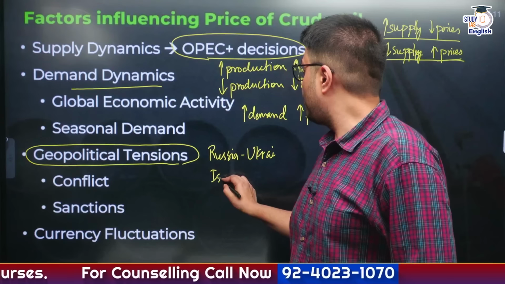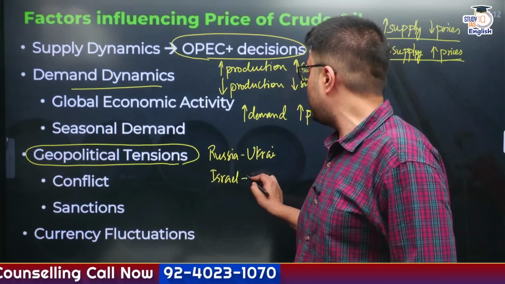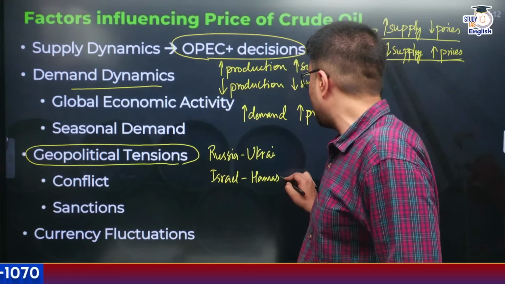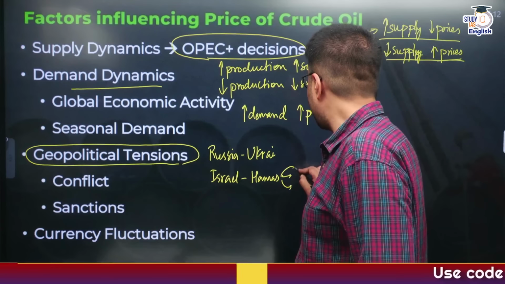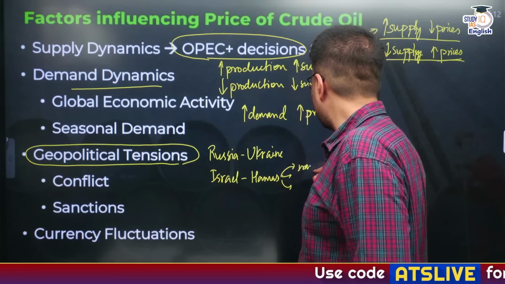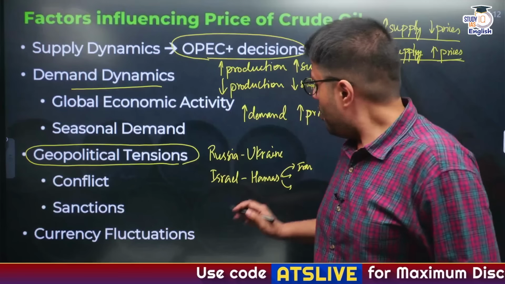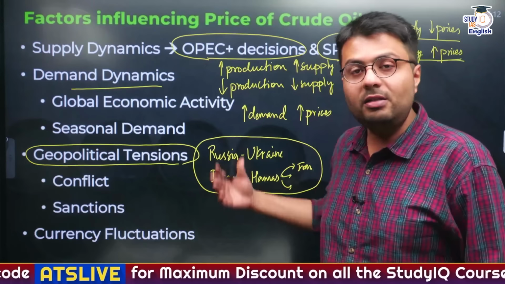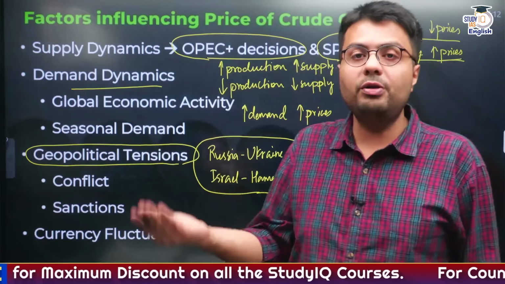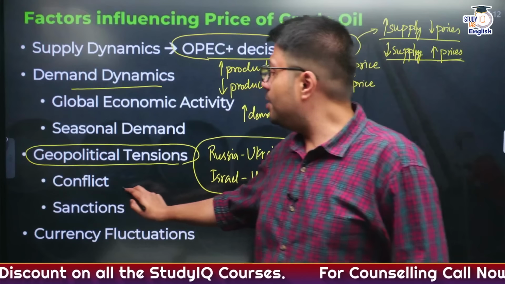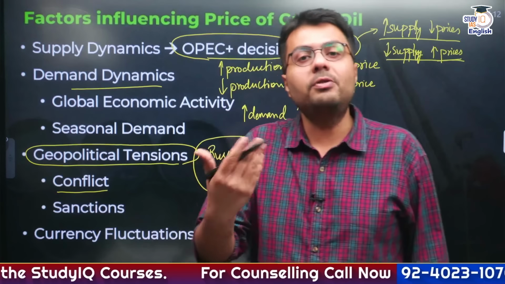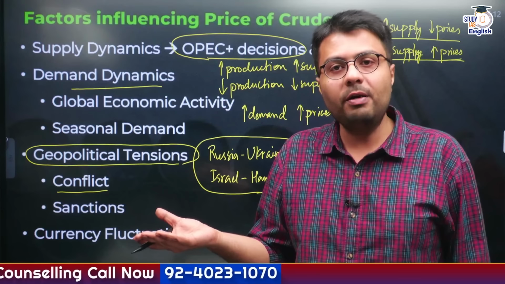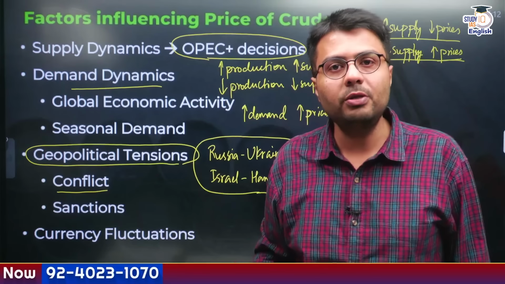Similarly, there is a conflict going on in the Middle Eastern region between Israel and Hamas on the other hand, which has also extended to many countries like Iran, Qatar, etc. These two regions where the conflict is happening are major producers of crude oil. So naturally, due to this conflict, there are supply restrictions. What if there is an attack on a major crude oil refinery? This would create supply disruptions.